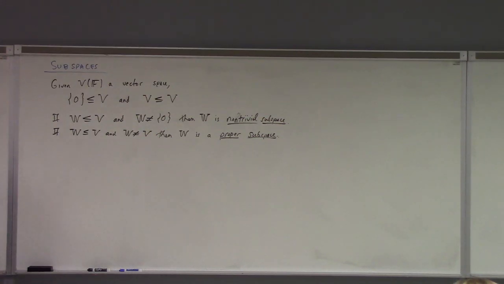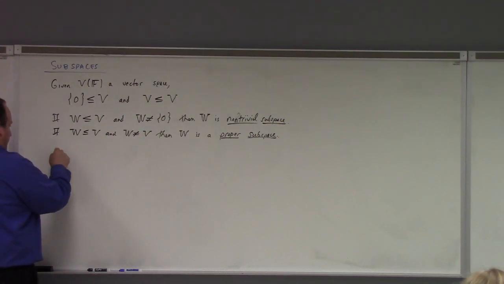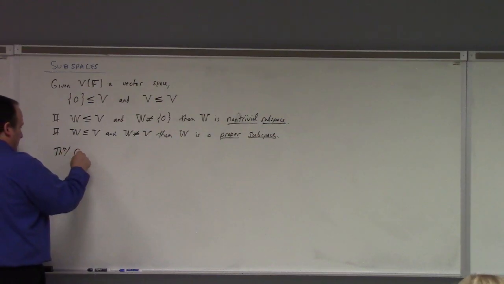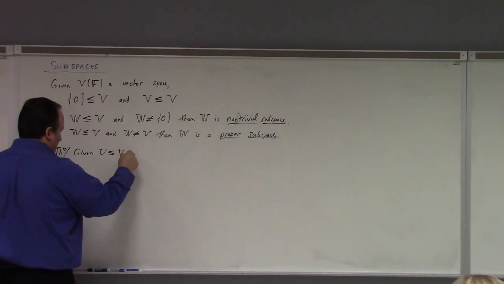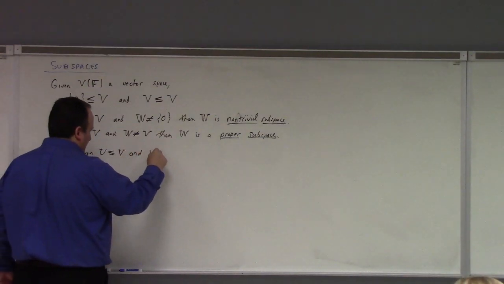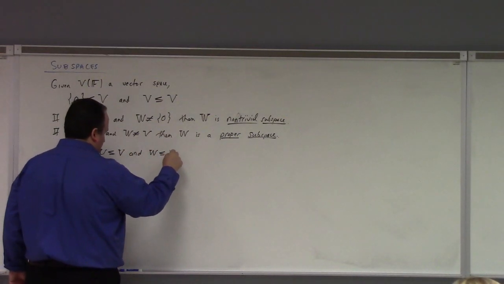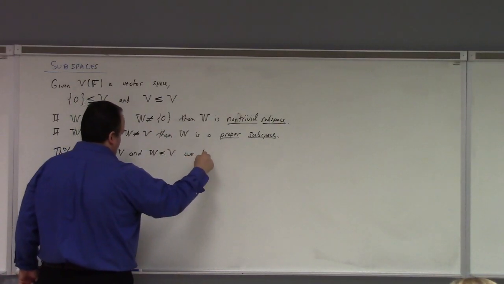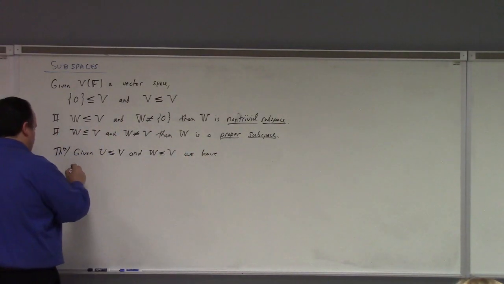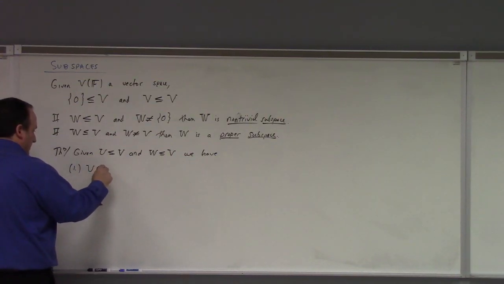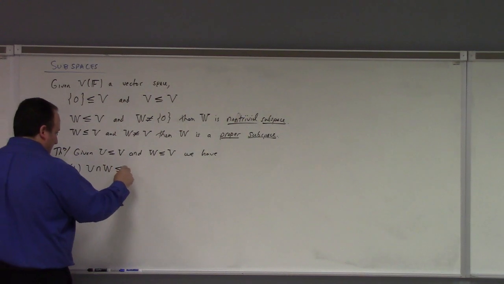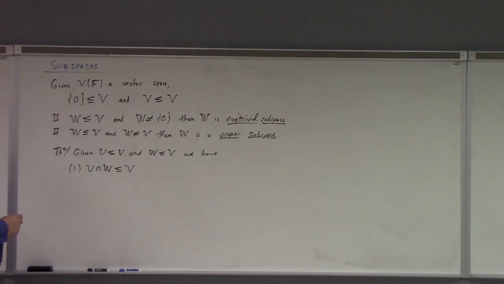All right, so theorem, proposition, whatever you want to call it. Given U a subspace of V and W a subspace of V, we have, number one, we can show that the intersection of U and W is a subspace of V. So the intersection of two subspaces is a subspace.